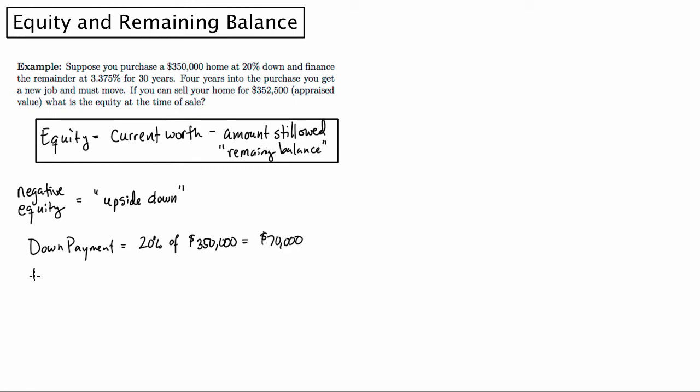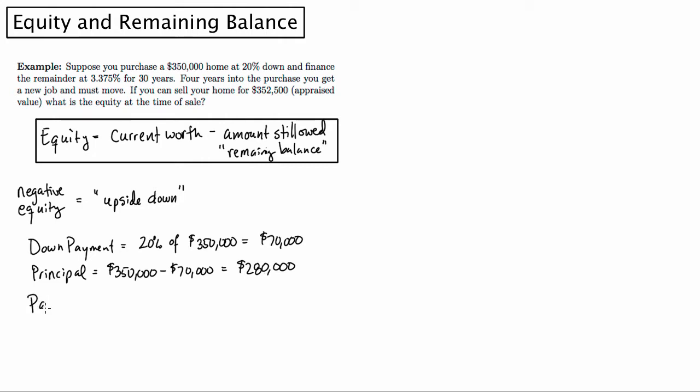And that makes the principal size of the loan the $350,000 minus the down payment, or a total of $280,000. So that is the amount of the loan that you would actually be paying off. So you're borrowing $280,000.